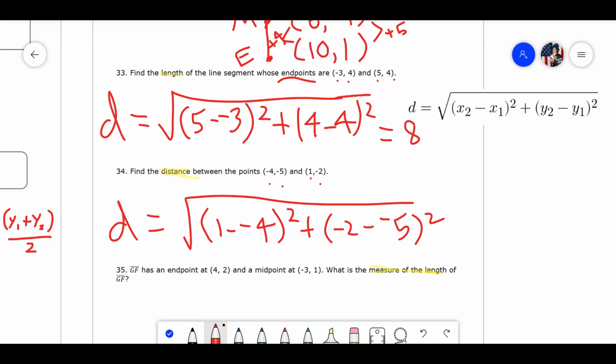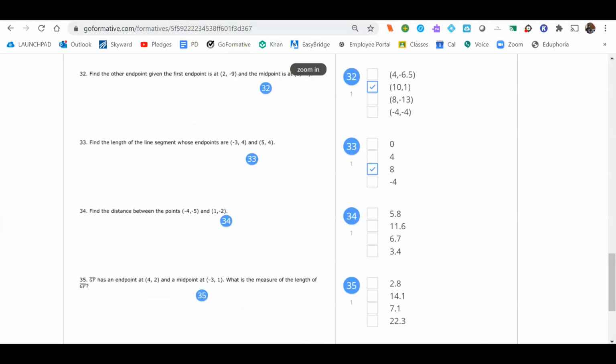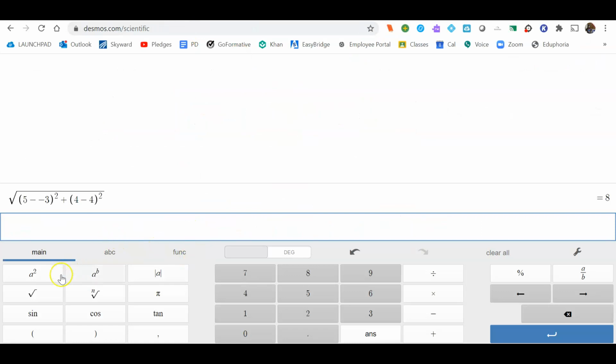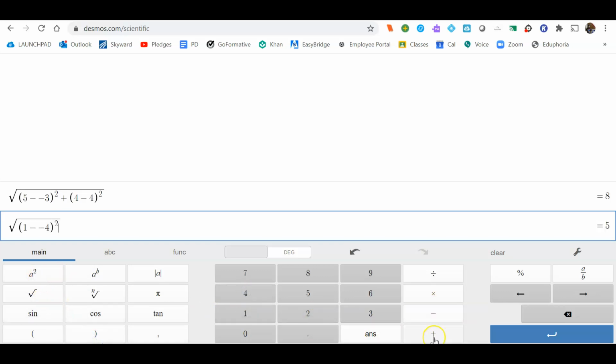All I've got to do is type that in correctly into the Desmos scientific calculator, and I'll be good. So on the tab I have open: square root, parentheses, 1 minus negative 4, parentheses, squared, plus parentheses, this one's crazy, negative 2 minus negative 5, parentheses, squared.